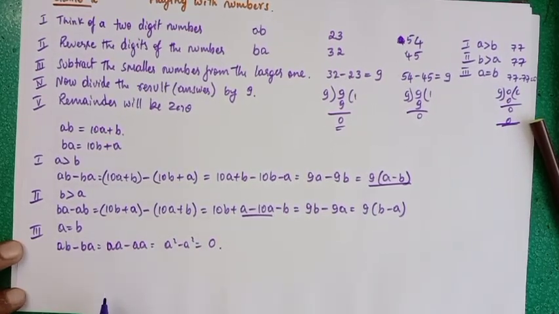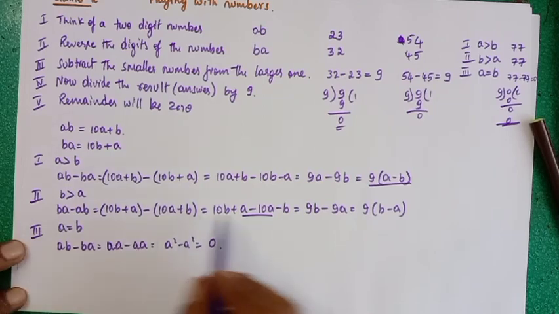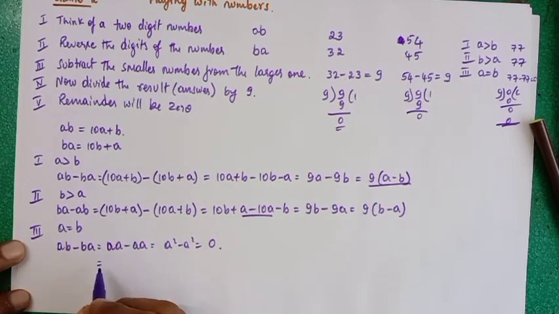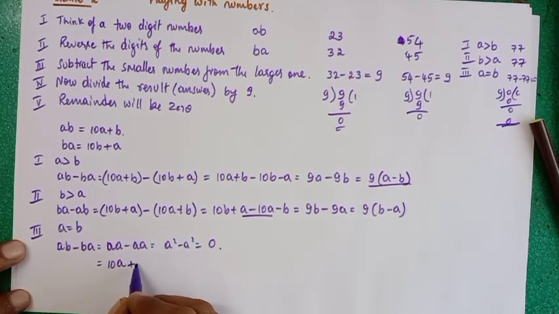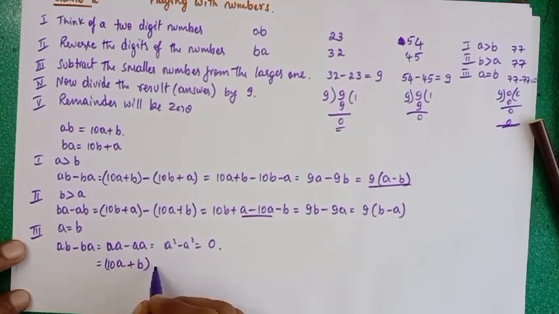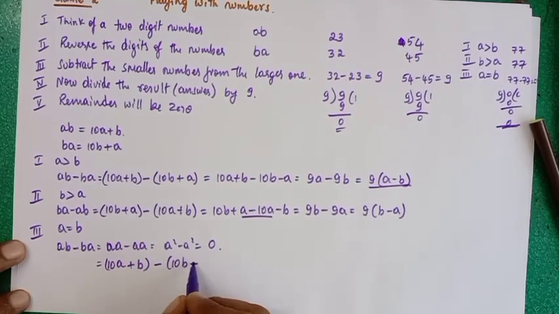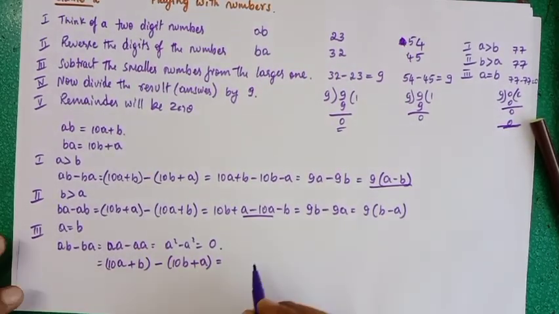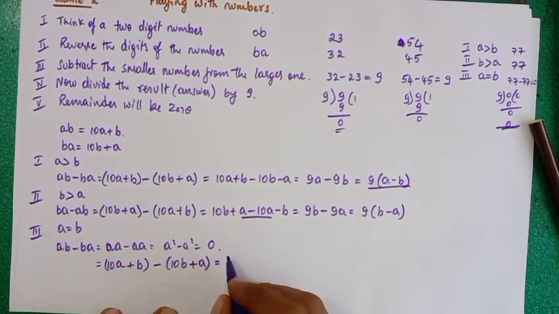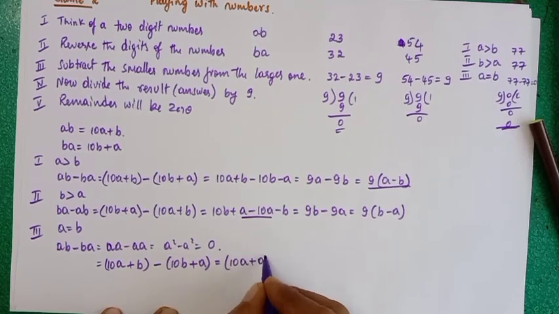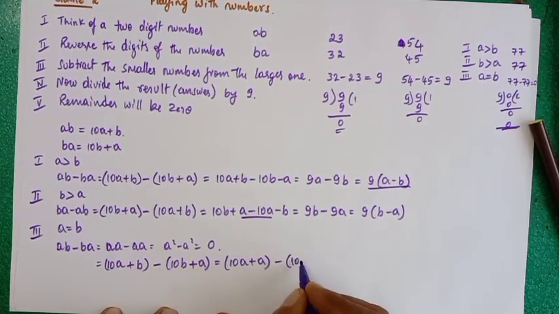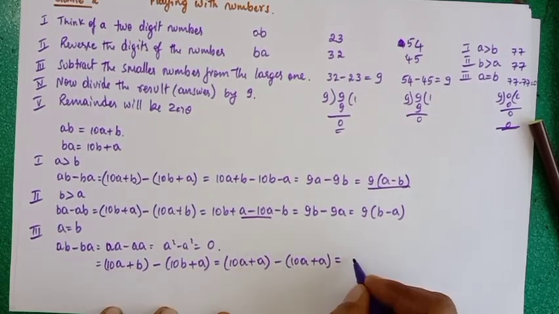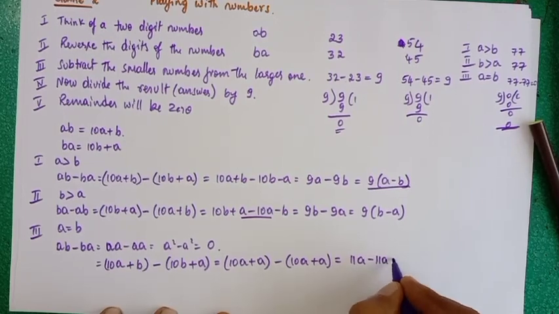We can also write it like this. 10A plus B minus (10B plus A): as A is equal to B, instead of writing B we can write A. So 10A plus A minus (10A plus A) is 11A minus 11A, which equals 0.